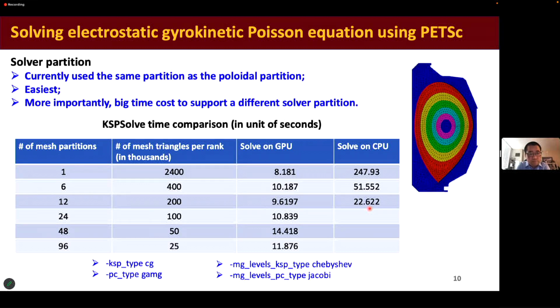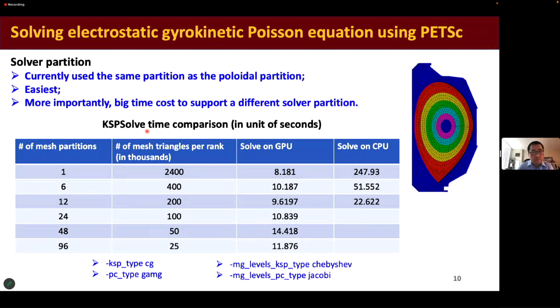Is this a performance measurement where we're only looking at the solver, or could you also compare what percentage of time this is relative to the push and the scatter and other operations? So here I'm only comparing the KSP solve time cost.